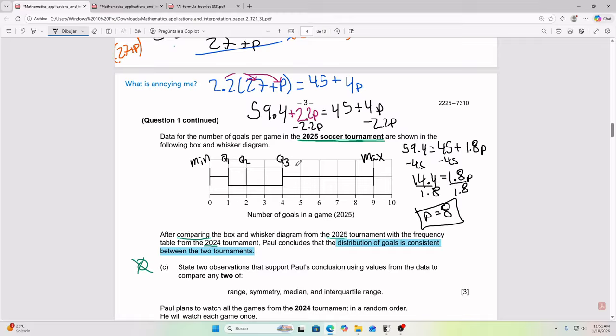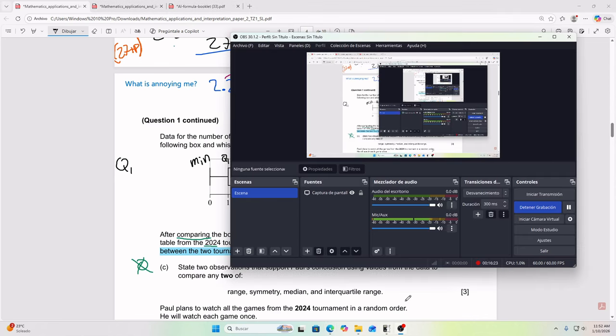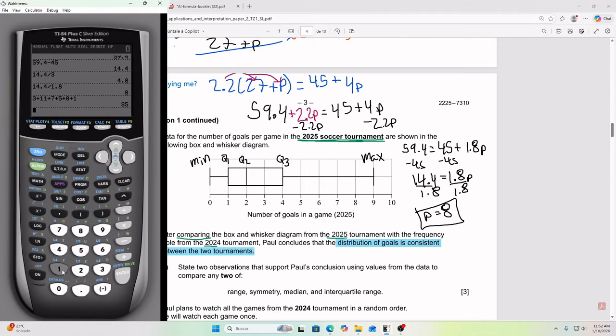Now from here, most of us might be saying, what the heck is Q1, Q2, Q3? Q1 is what we call the first quarter. And quarter, as in quarts, is 1/4. And 1/4 is how much? 1/4 is 0.25.